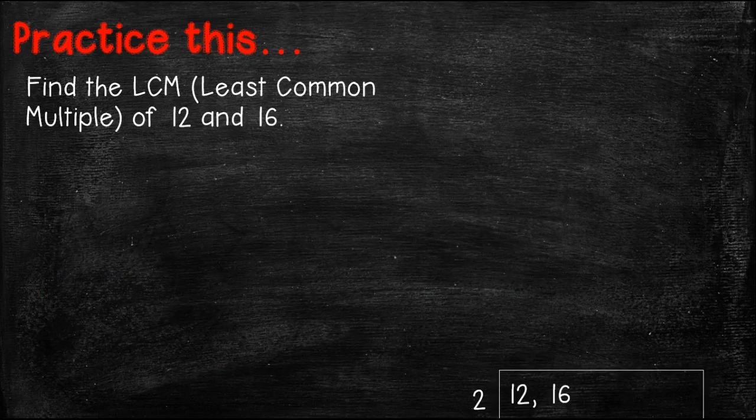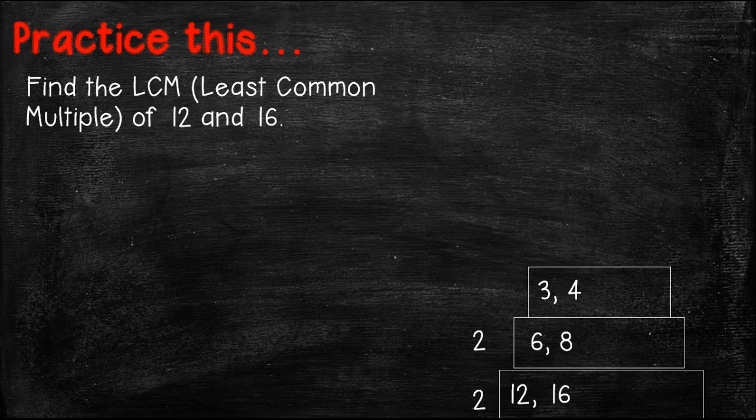Or you could do it the make a cake strategy. So again, we write 12 and 16 in the lower part of the cake, and we know that because they're both even, we can divide them by 2. So we get 6 and 8, but we know we can still divide those by 2. So we'll go up another layer on our cake, and now we have 3 and 4. Can you divide 3 and 4 by anything?